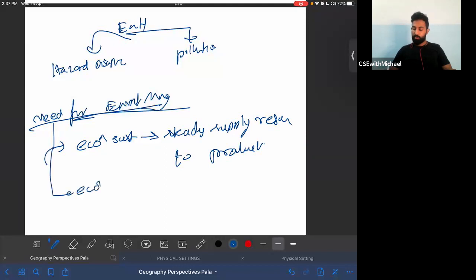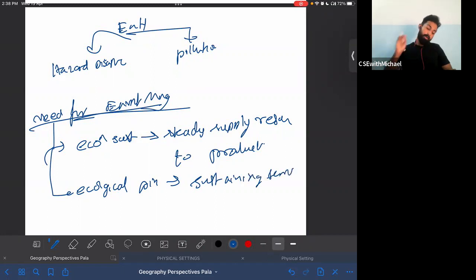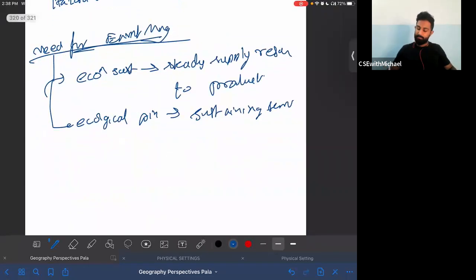The other one is ecological justification. What is that? It's about sustaining the services that are being provided, and to keep the services flowing. You cannot stop in between. Now there is similarly aesthetic justification.